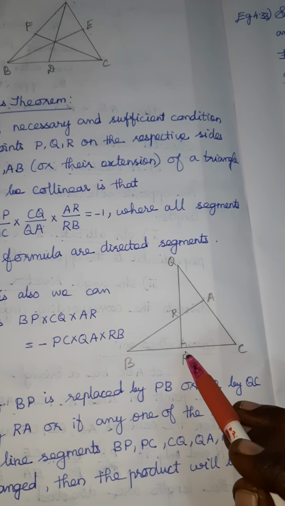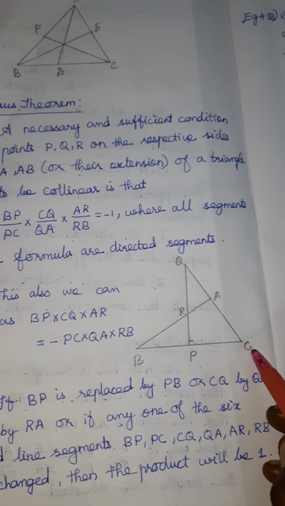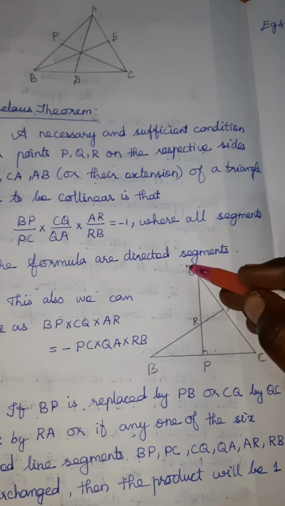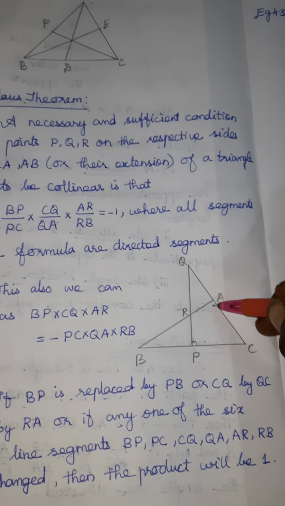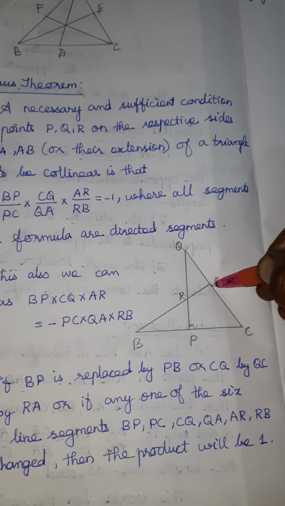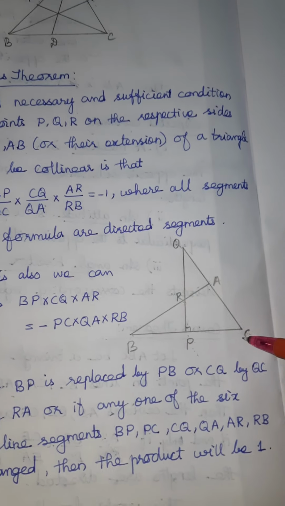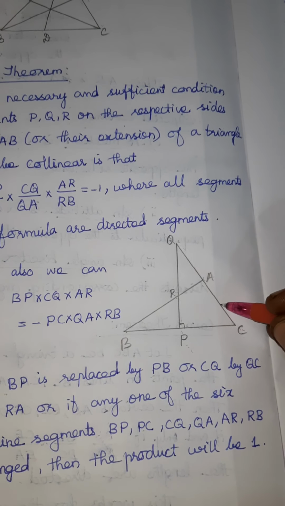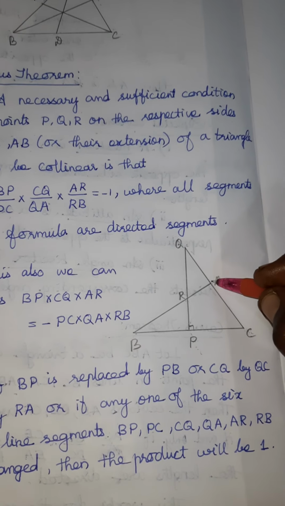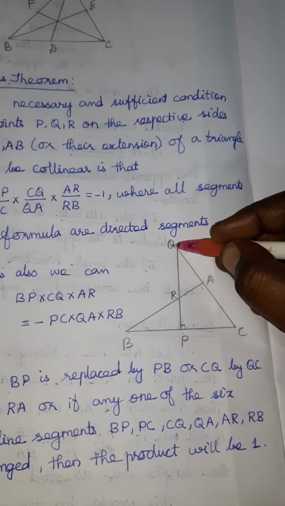How is it? BP divided by PC, like Ceva's theorem, the first ratio, then CQ divided by QA, it is different. Why is this coming? If the point Q is in between, you will get it correctly, CQ divided by QA, like Ceva's theorem. But now here Q is outside, it is in the extended part.